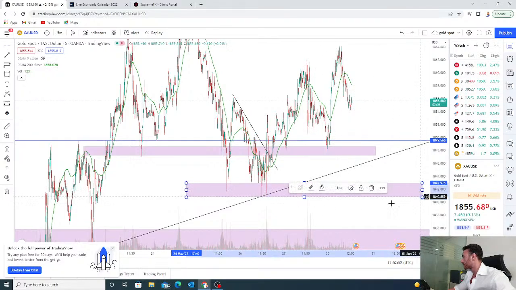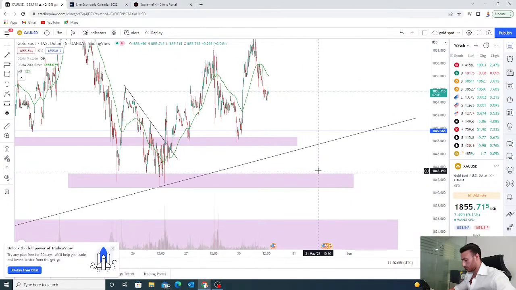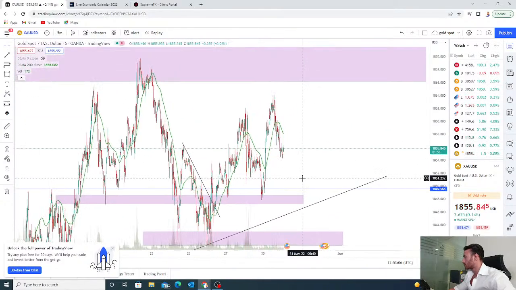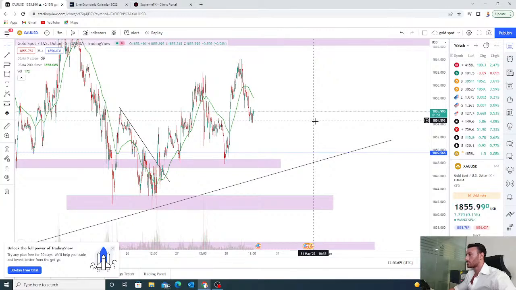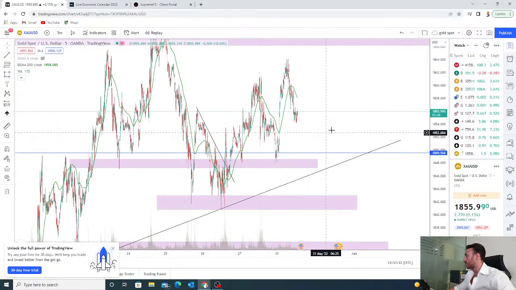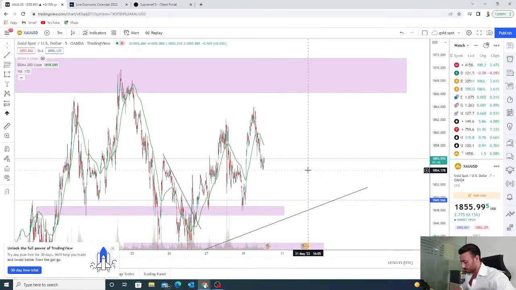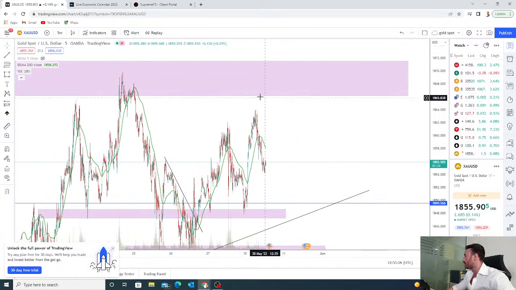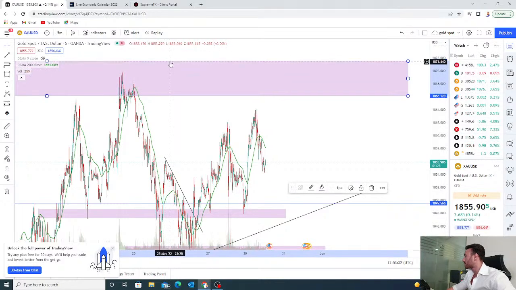You could see. Okay, so now that we have indicated our support and resistance levels, you could see here we can even extend some resistance. This resistance box, I can bring it a bit closer.